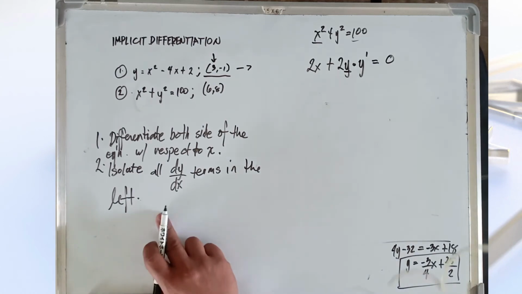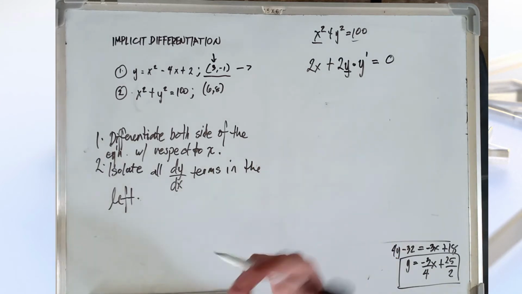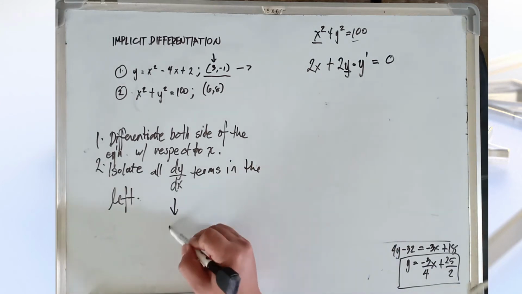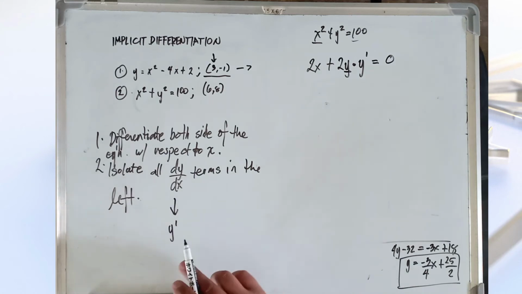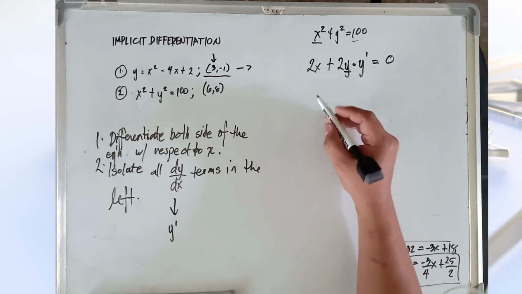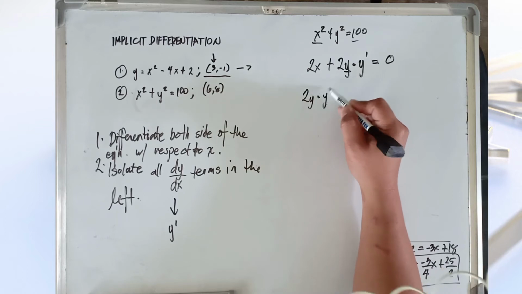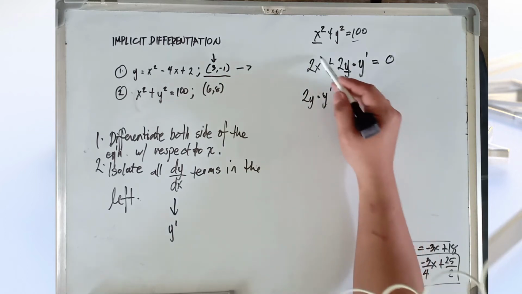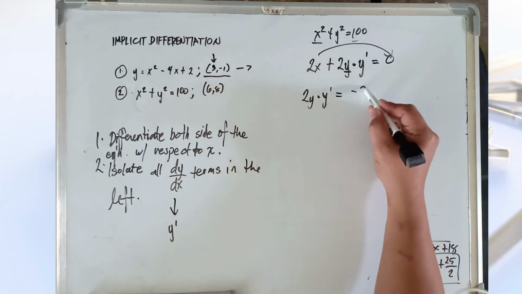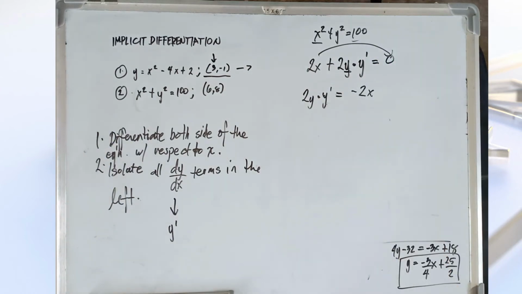Now, for step number 2, isolate our dy over dx or your y prime. I prefer to use y prime kasi para hindi masyadong magulo kapag dy over dx. Also, although the same naman yung makukuha natin. So we have 2y y prime is equal to negative 2x.